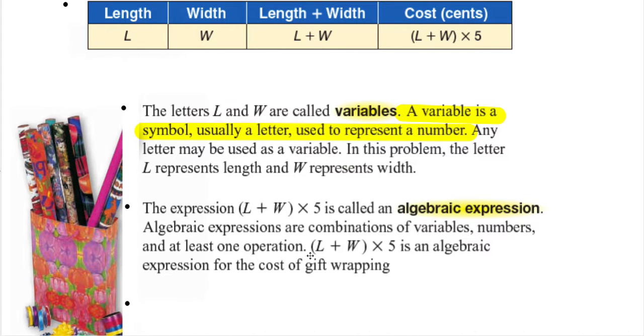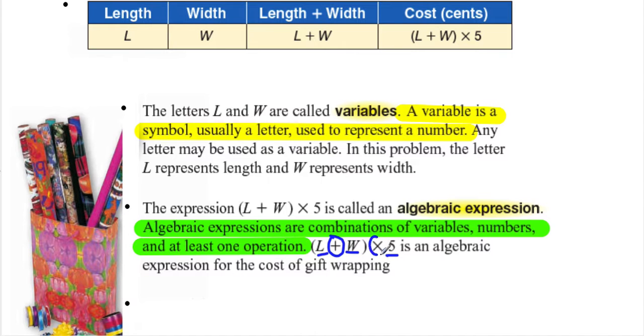L plus W times 5 is an algebraic expression for the cost of gift wrapping, because if you look at the definition of an algebraic expression, you have the variable L and the variable W, and there's a number 5, and there are two operations, addition and multiplication, in this particular expression. So that's what we call an algebraic expression.